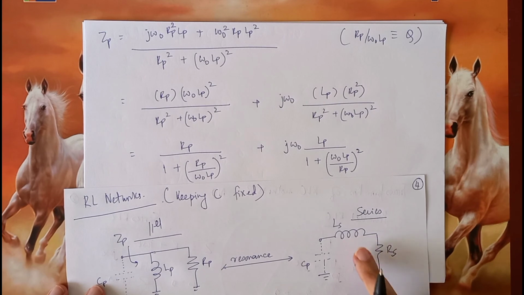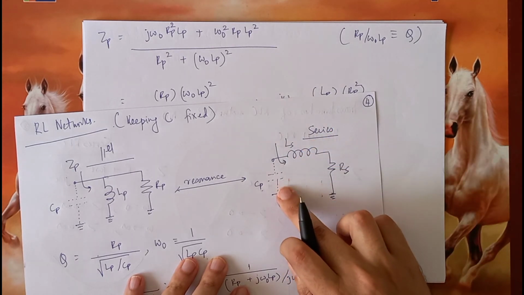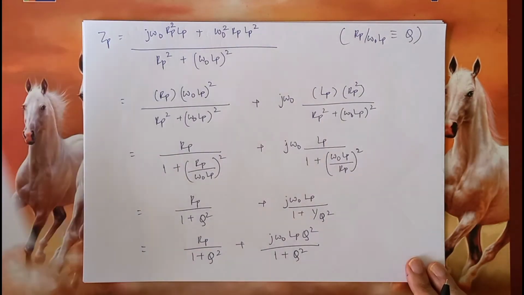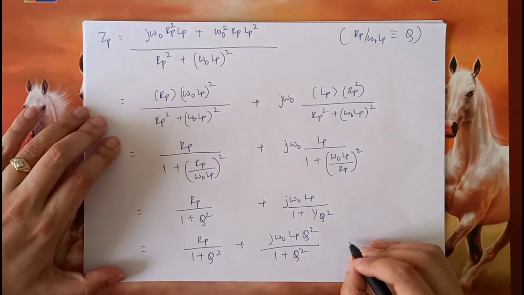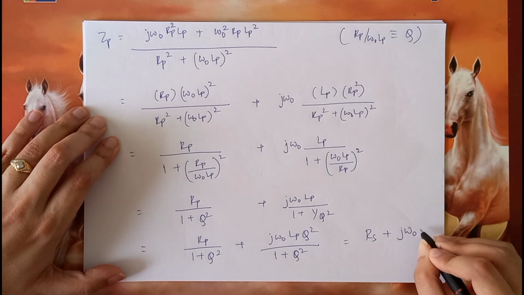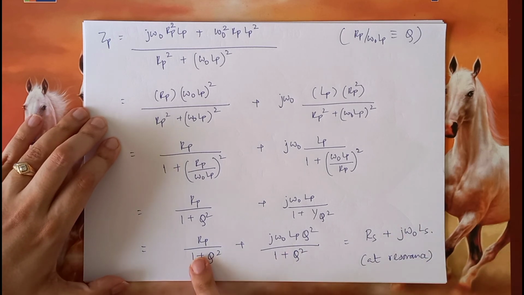So therefore, if I were to now correlate this with this quantity, it is like saying this is nothing but at resonance the CP capacitor should still see the same impedance ZB. So this is nothing but Rs plus j omega 0 Ls at resonance. So the real part is this and the imaginary part is this.